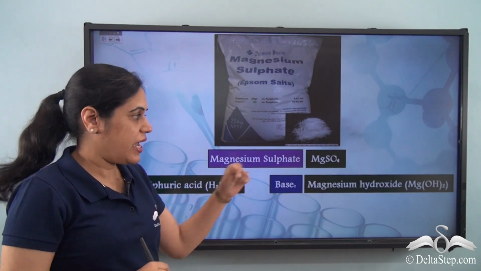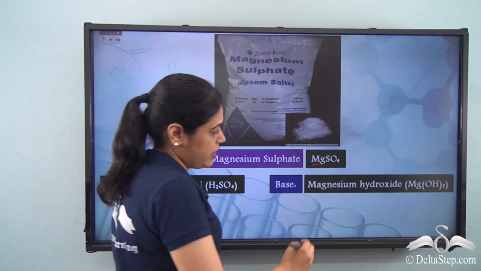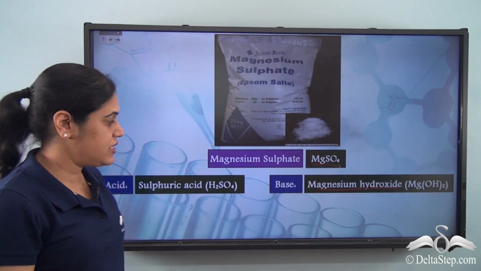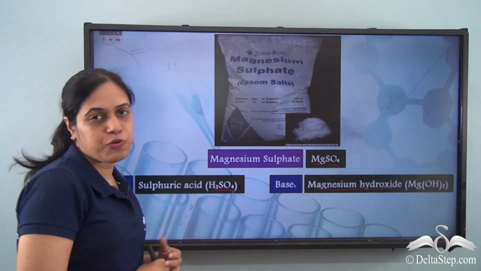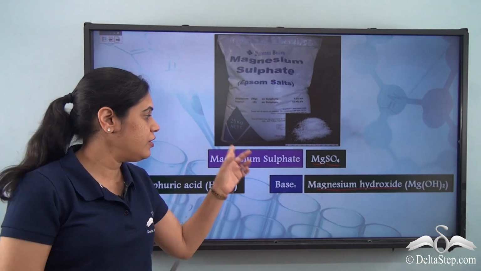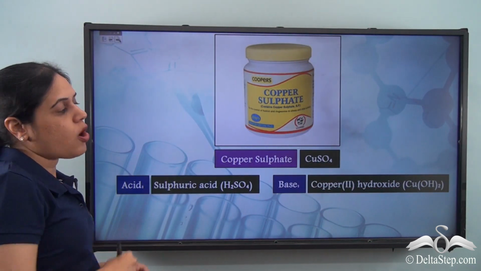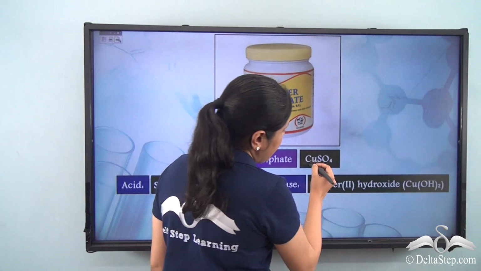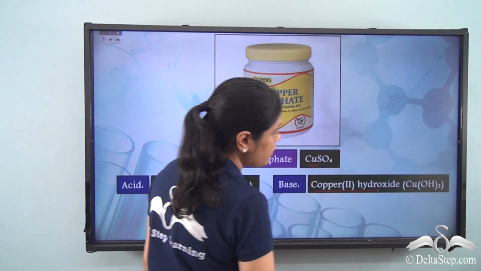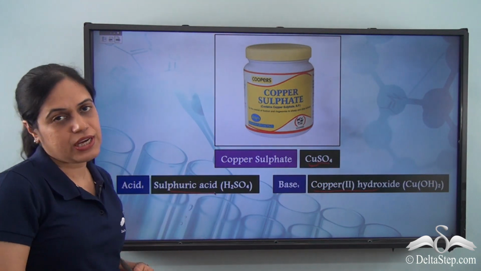Magnesium sulfate, MgSO4. The magnesium ion comes from the base magnesium hydroxide and the sulfate ion once again comes from sulfuric acid, and these ions combine together to give us this salt. Copper sulfate. The copper ion comes from the base copper hydroxide and the sulfate ion comes from sulfuric acid.